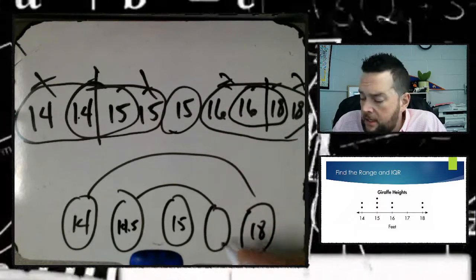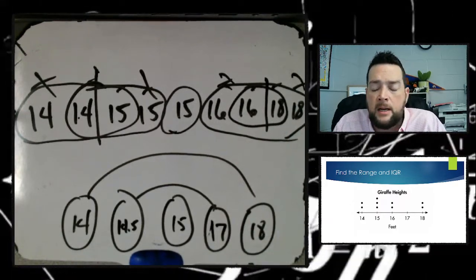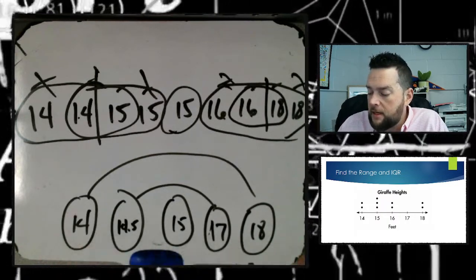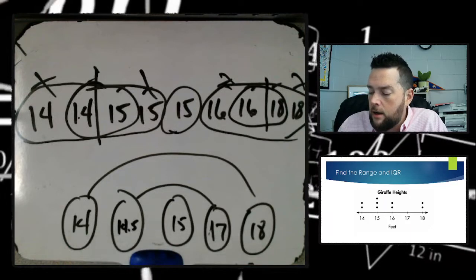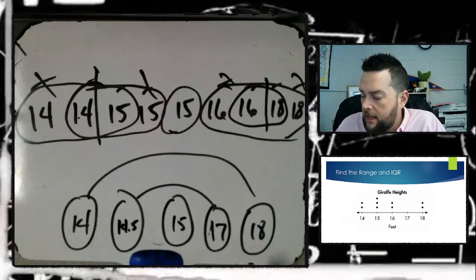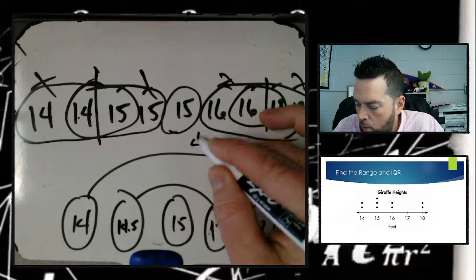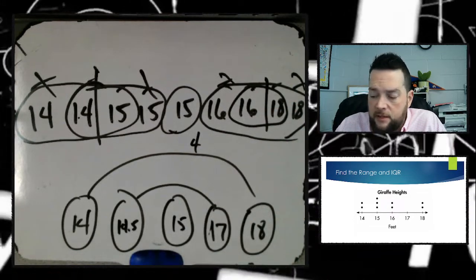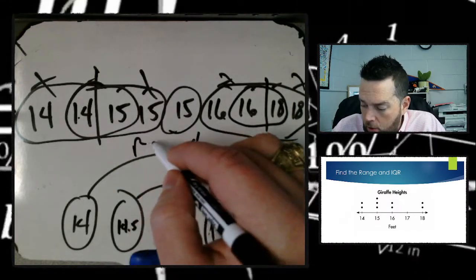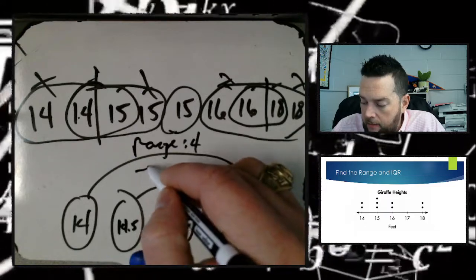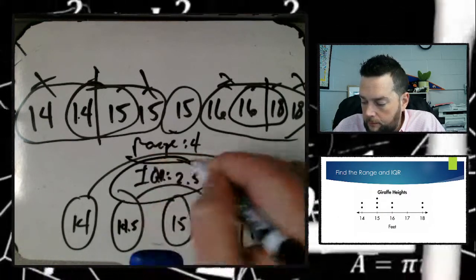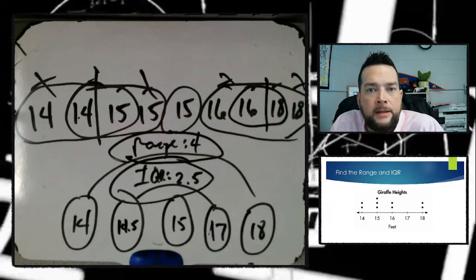Halfway in between 16 and 18 is 17, so that's going to be my Q3. So we've got the Lucky Mucky Go listed out. And to finish the data rainbow, we take 18 minus 14, that's 4. And we take 17 minus 14.5, that's 2.5. So 4 is your range, and 2.5 is your interquartile range. Right there, and those are your answers.